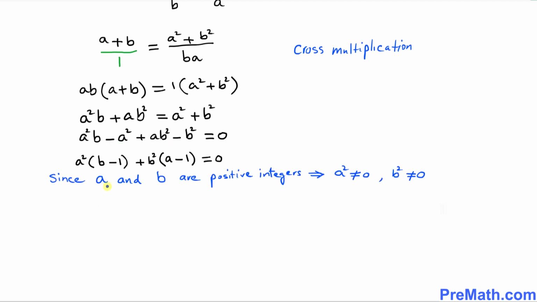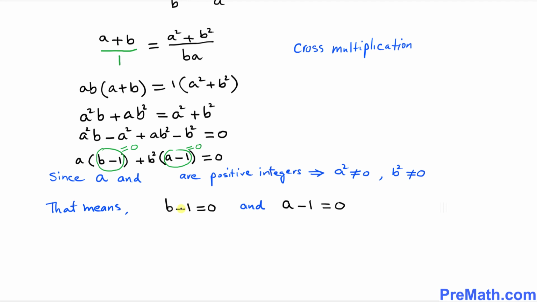And we know that a and b are positive integers. That means a square cannot be equal to 0 and b square cannot be equal to 0. So this a square can't be equal to 0 and b square cannot be equal to 0. That means b minus 1 will be equal to 0 and a minus 1 equal to 0 to get a 0 on the right hand side.